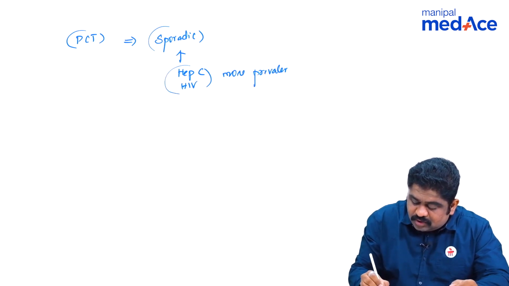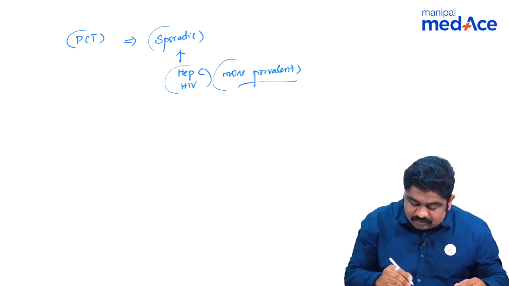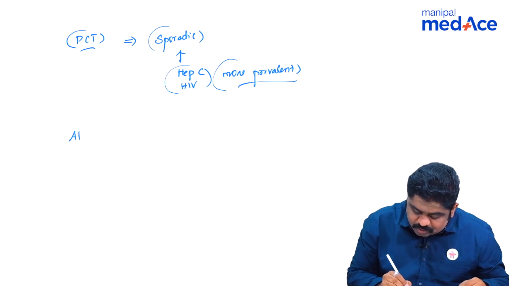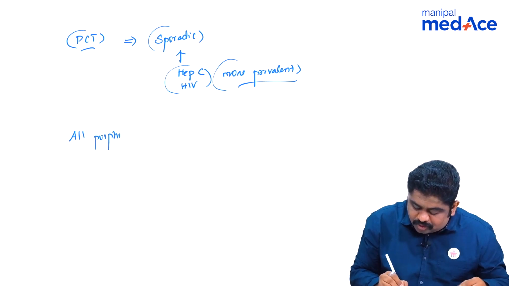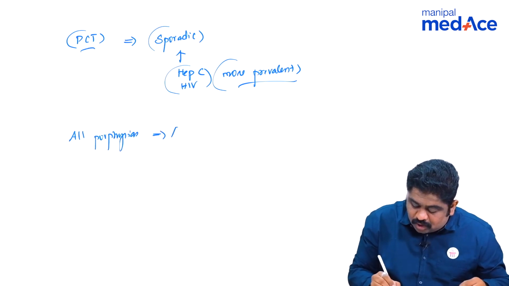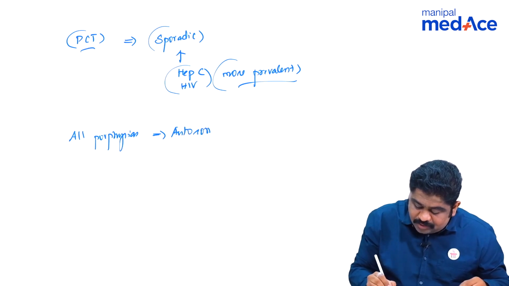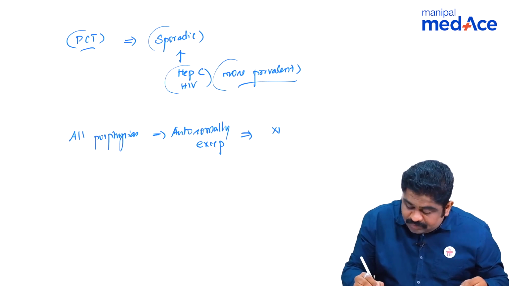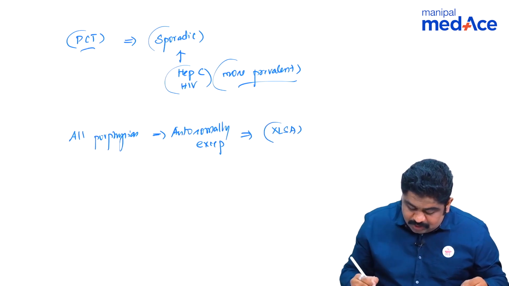This is one relation to that of microbiology. You can actually have a look at it, Porphyria cutanea tarda. Okay, now all porphyrias are autosomally inherited, except you know which one, except the X-linked sideroblastic anemia.